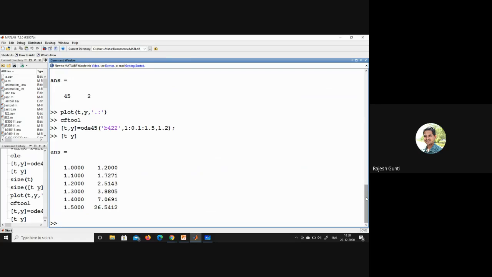But if you need a separate one with your own design, we have to depend on stitching. So at that time, MATLAB programming plays a vital role. Not only differential equations, so many problems will come.